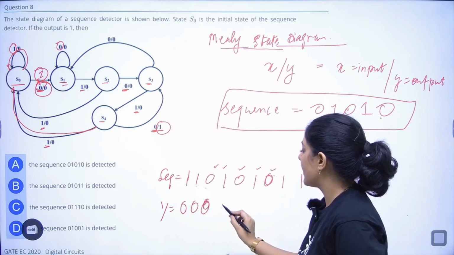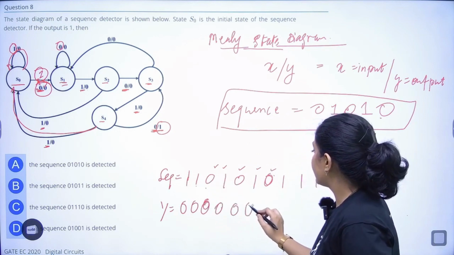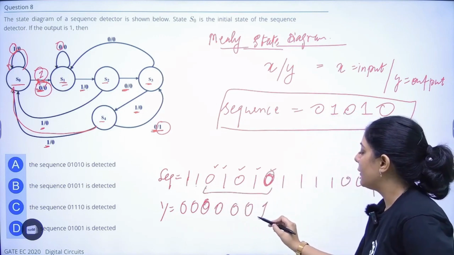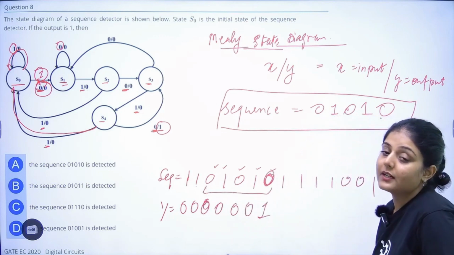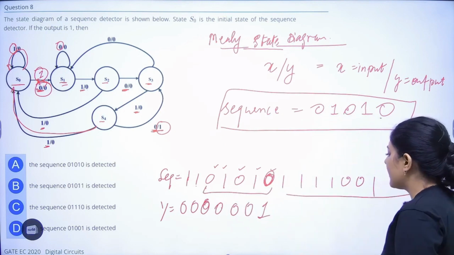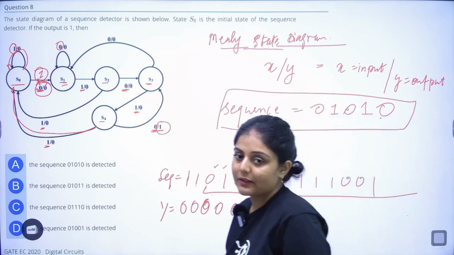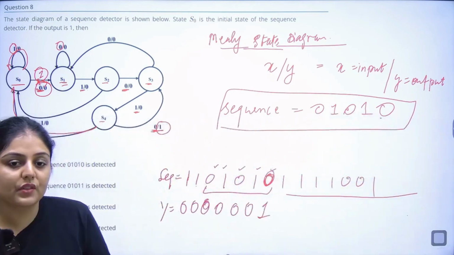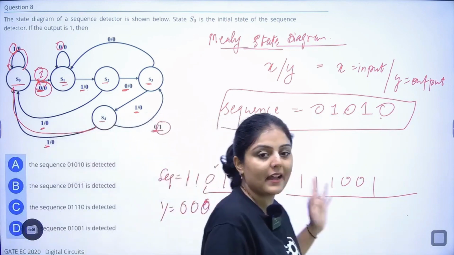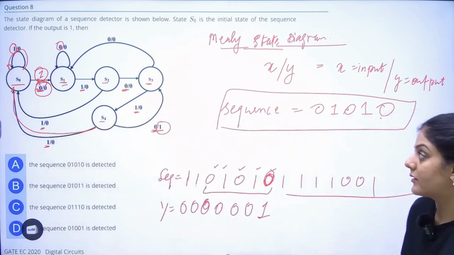Yes, 0 is there, it is there. Now here it sees that a complete sequence is there, so it will give output as 1. So basically it knows now that the complete sequence is present. Now after this there is no such sequence present, so output will always remain 0. This type of state diagram is for sequence detectors.